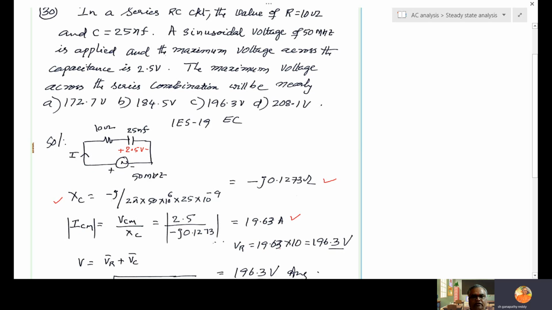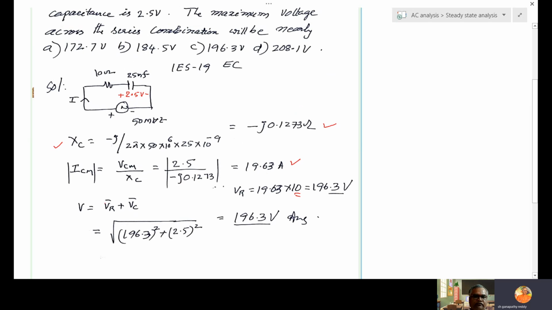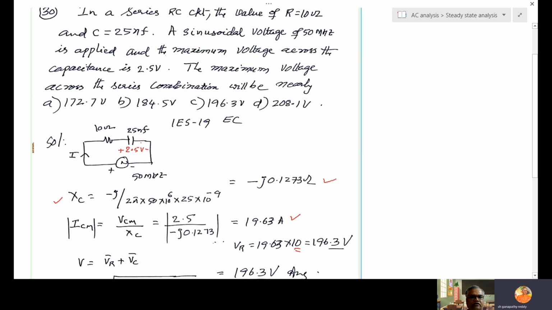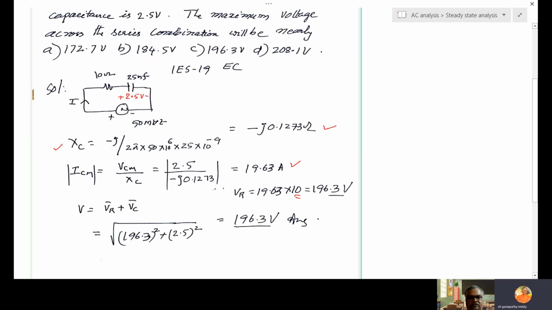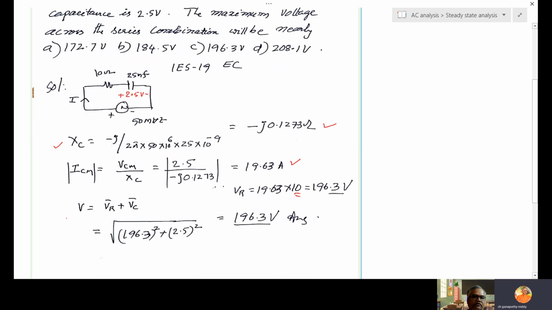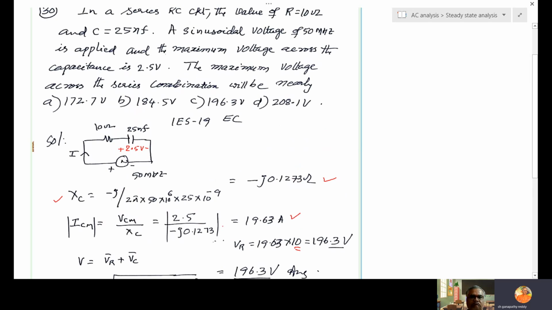What is VR? 19.63 into 10 ohms. The applied voltage V is the vector addition of VR and VC: square root of this square plus this square, so 196.3. What is the logic used here? The maximum voltage is given, find the capacitive reactance, then find the current; current into resistance is VR. VR plus VC is equal to V, but don't add it directly, do vector addition. That's all.